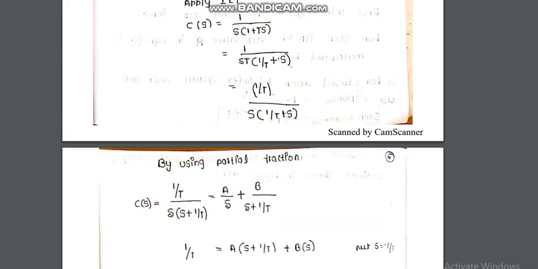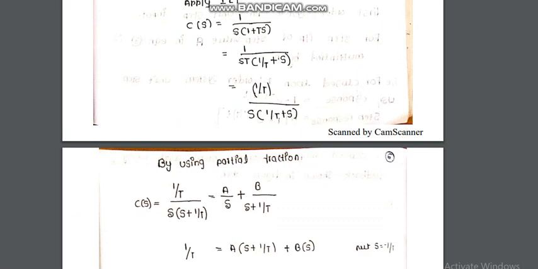So that's why I have to take t outside. So I will write it as 1 divided by s into t into 1 divided by t plus s. Or I can rearrange this equation as 1 divided by t, divided by s into s plus 1 by t.